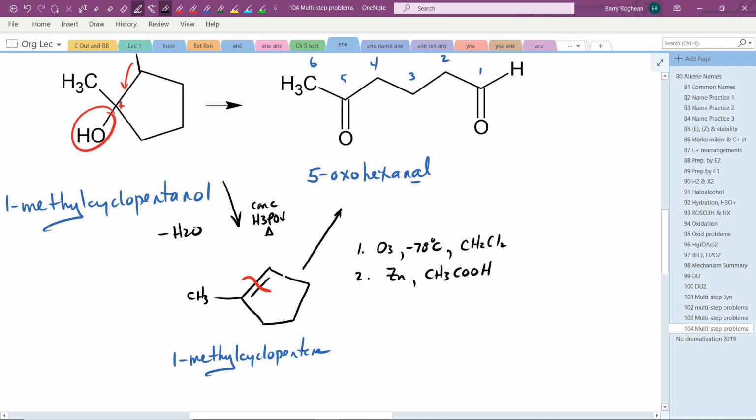We'll cleave the sigma and pi bond, and this carbon here, which is bonded only to carbon, becomes a ketone group, which you see here. And then this alkene carbon, which has 1 hydrogen on it, becomes the aldehyde group, which you see here. And that's it for multi-step reactions of alkenes.